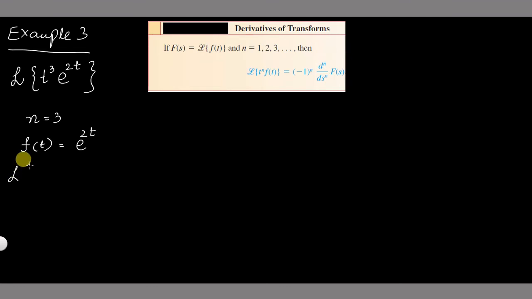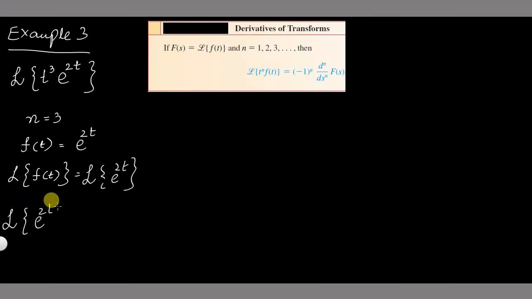First we take the Laplace transform of this function. The Laplace transform of e raised to the power 2t will be 1 over s minus 2.